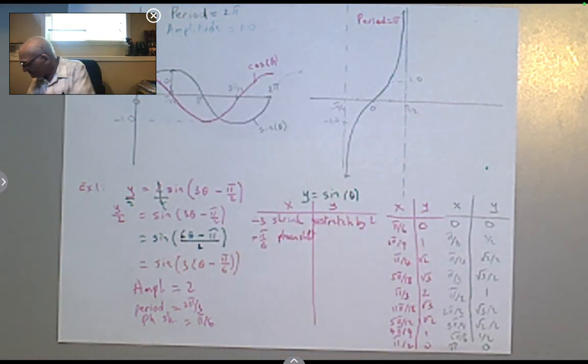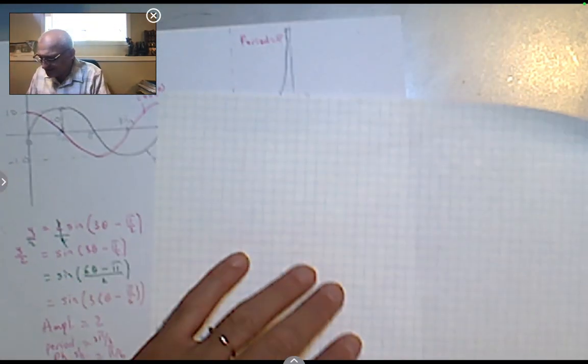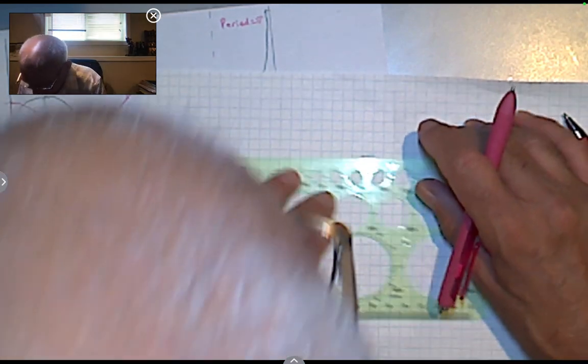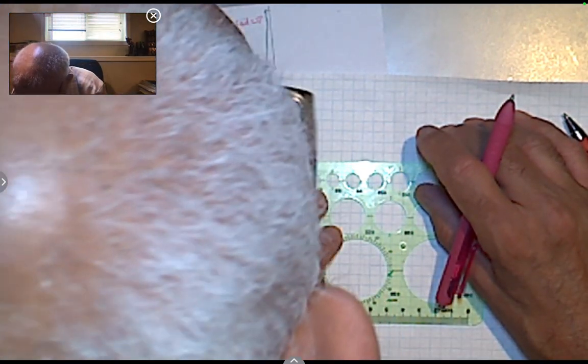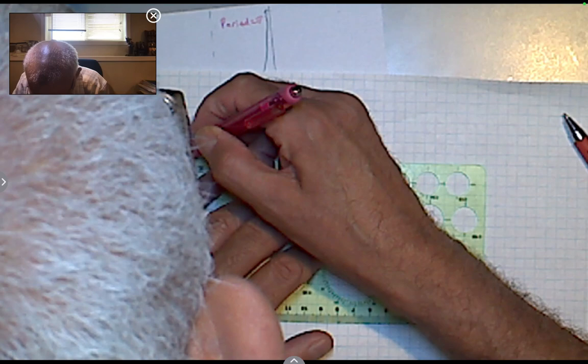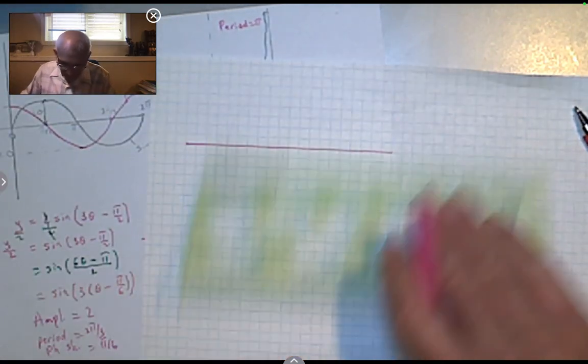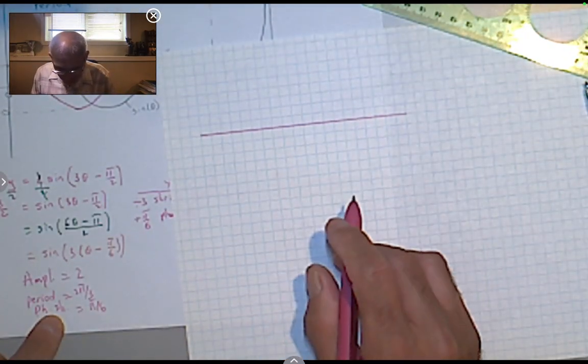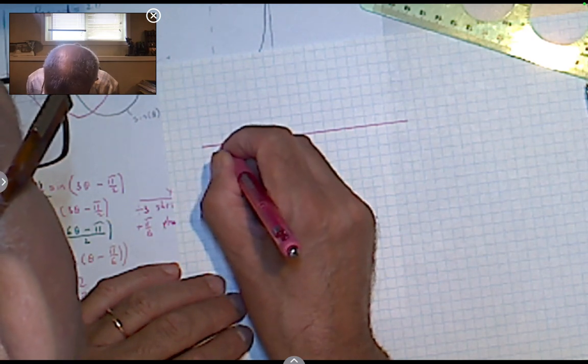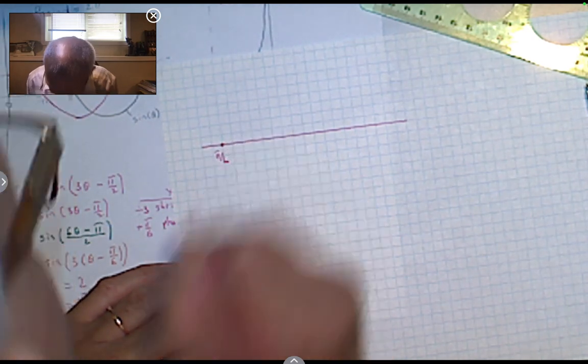So let me get another piece of paper and show you an easy way to do that. So here is my new graph. I start at pi over 6. So I'm going to say this point is pi over 6.